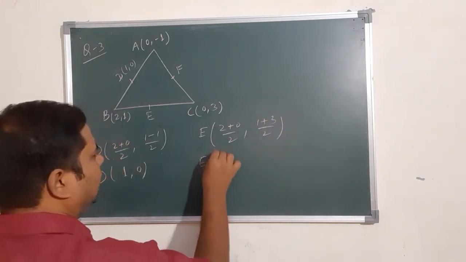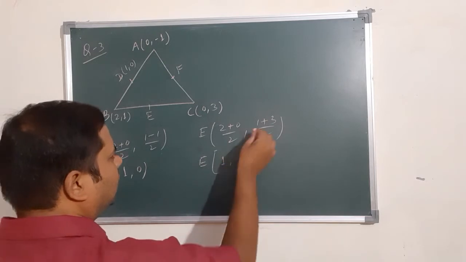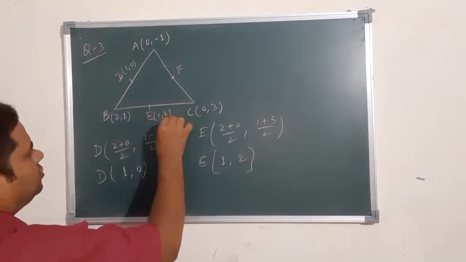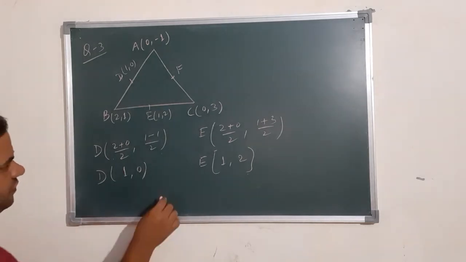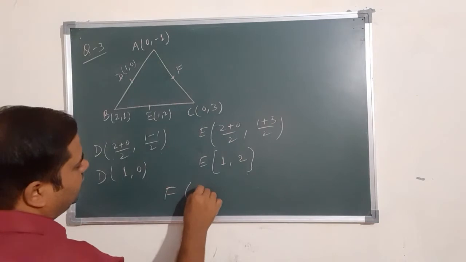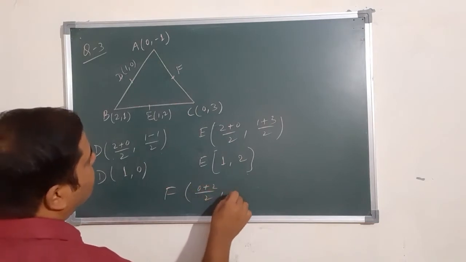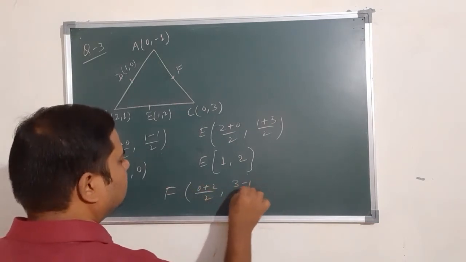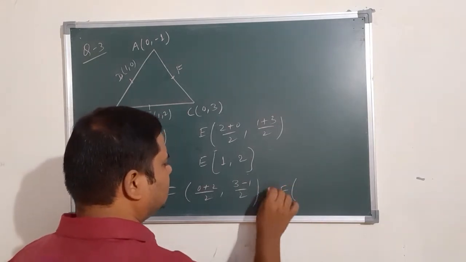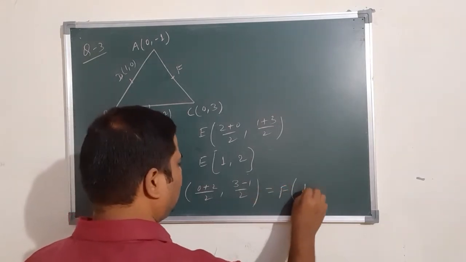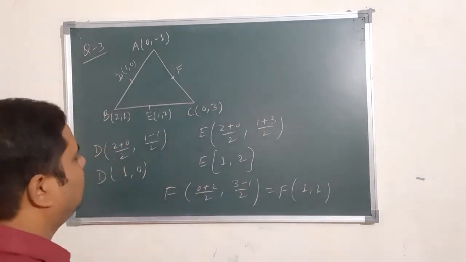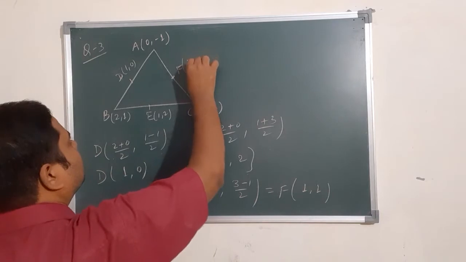This is 1, 4 by 2, which is 2. So E is 1, 2. And similarly, we find F. F is 0 plus 0 by 2, and 3 minus 1 by 2. F is 0, 1, because 3 minus 1 is 2, by 2. So F is 0, 1.